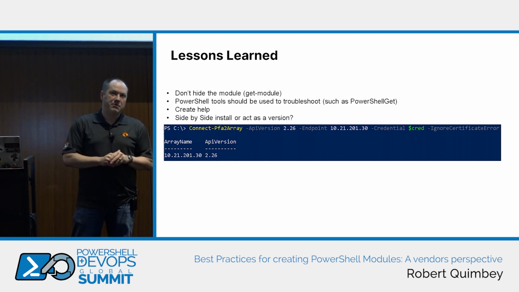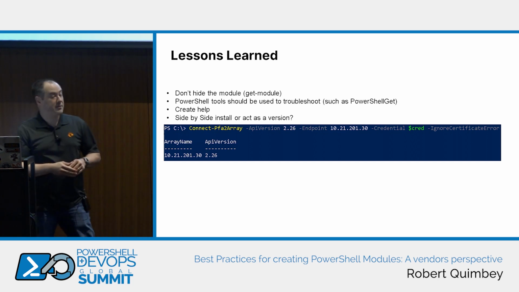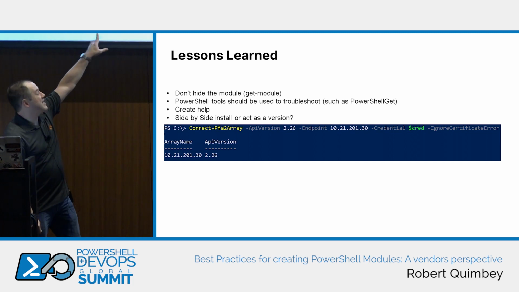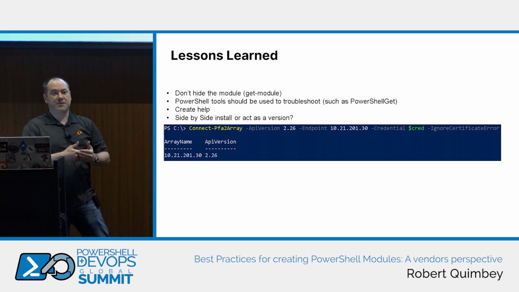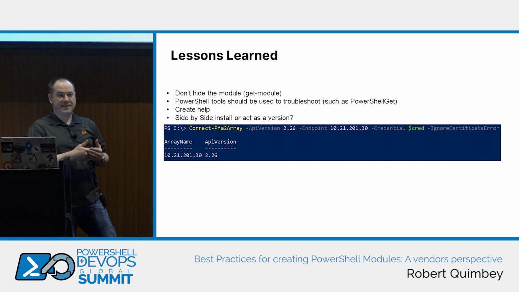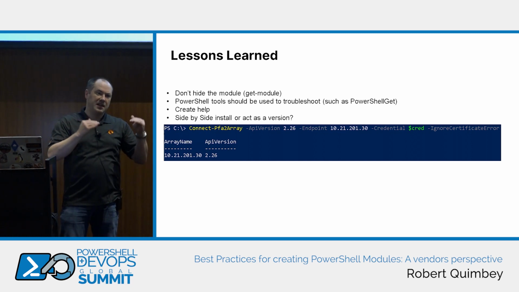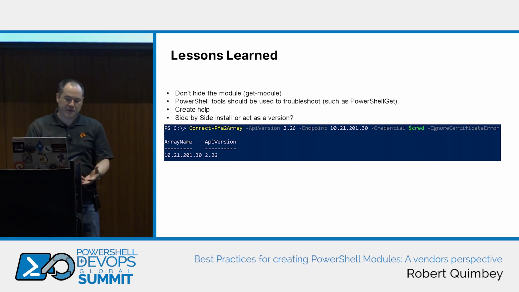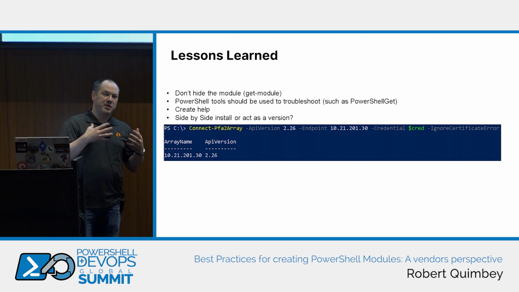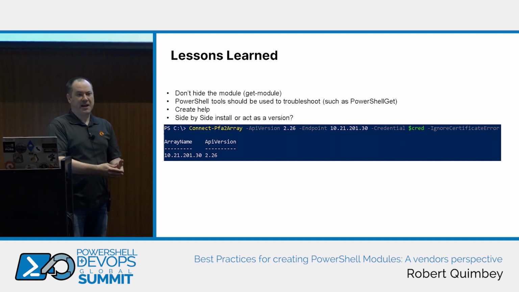And so if you can behave as a certain API version, and in the case of most of our modules, we allow you to specify which API version it should communicate with, because by default, it's going to try to communicate at the highest API version that the client and the endpoint support. So when we release a new version of the SDK, it will support up to version X of the API.